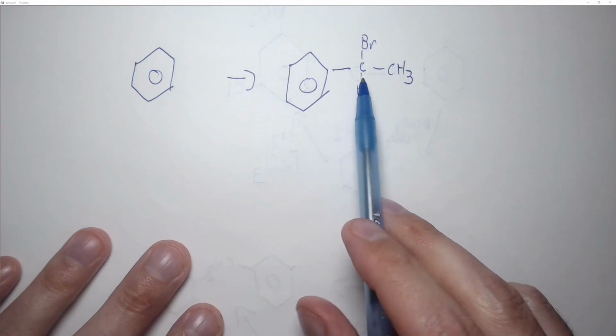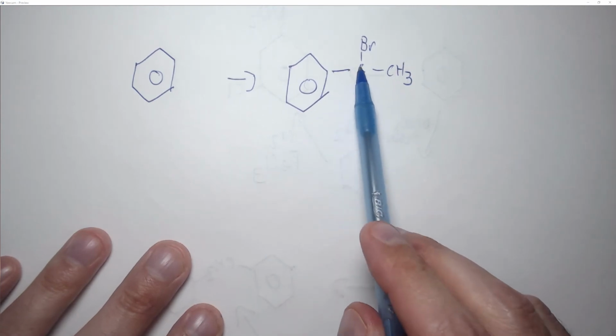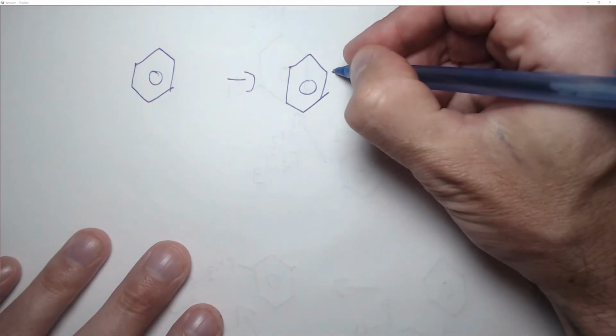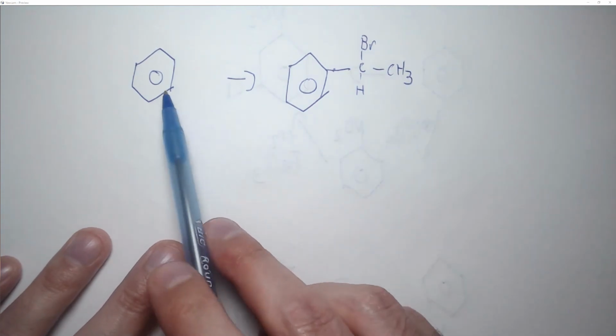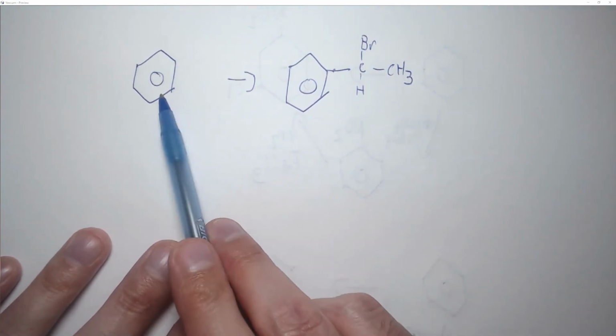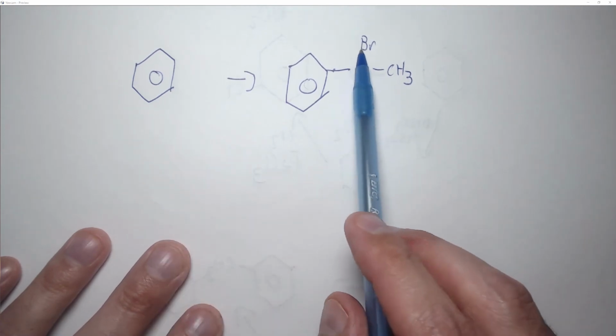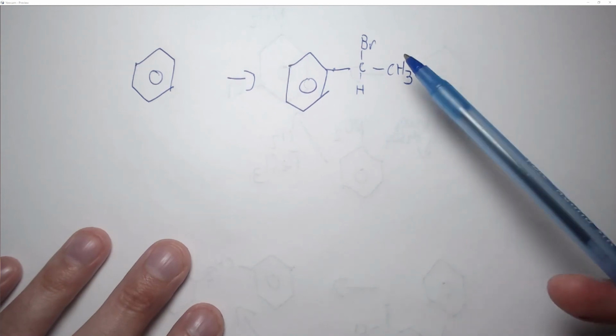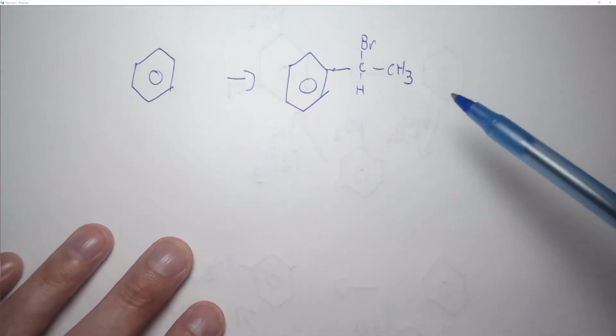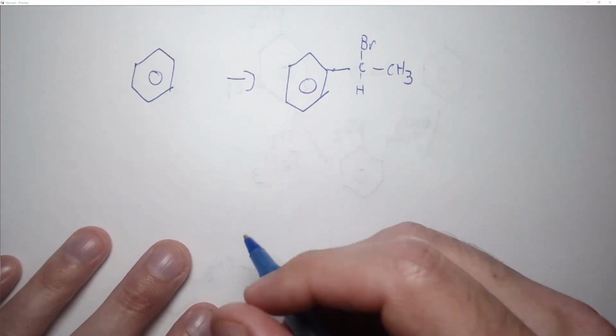So we want to add a bromoalkane chain, if you will, to this. We talked about how to add alkyl groups to benzene, but we never talked about how to add haloalkyl groups to benzene. And again, a hint is that this is 2 steps. You're not going to be able to do this in 1 step.